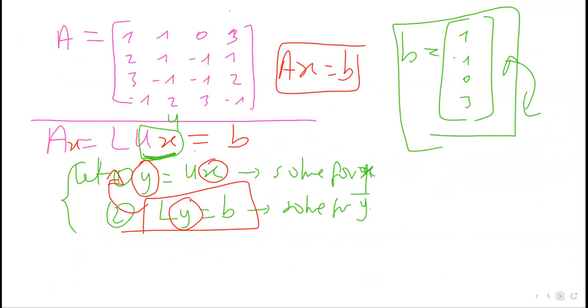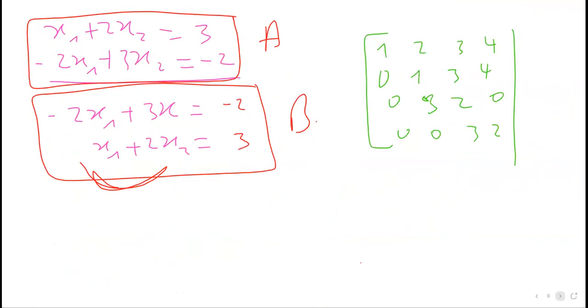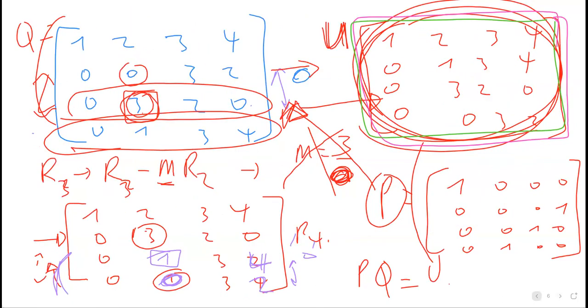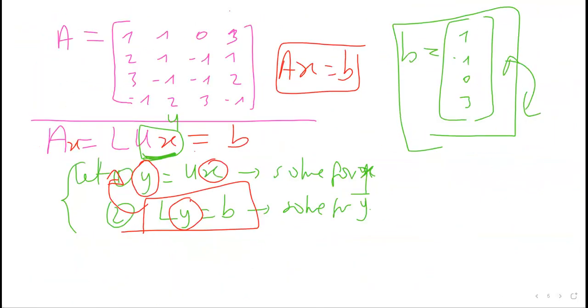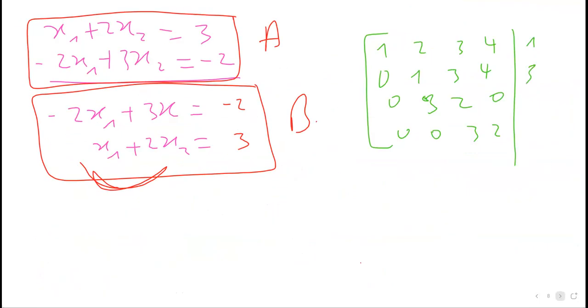Mukaila, this is what you are saying: 1, 3, 0, minus 1. This is what you are saying, right?